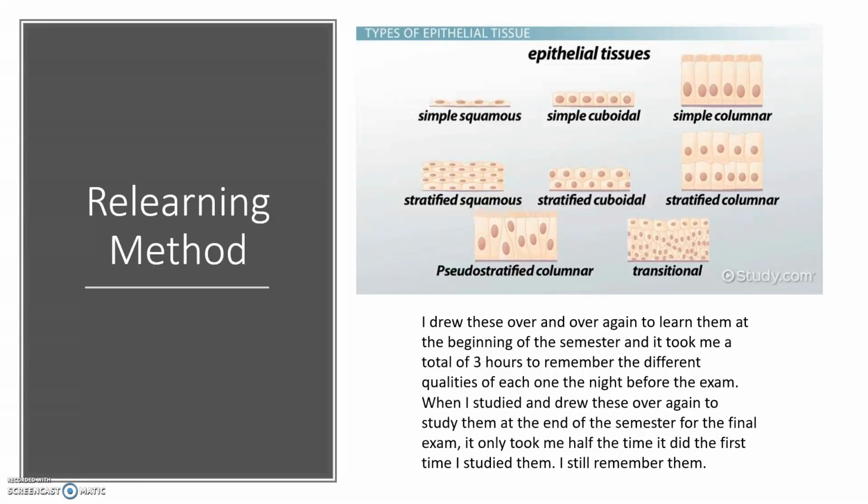And it took me a total of like 3 to 4 hours to remember them, their different qualifications, functions, etc. And then when I studied these and drew them again and studied them the same way by method of flashcards, drawing them out at the end of the semester for the final exam, it only took me about half the time. And I still remember them. So I learned it even better and faster.